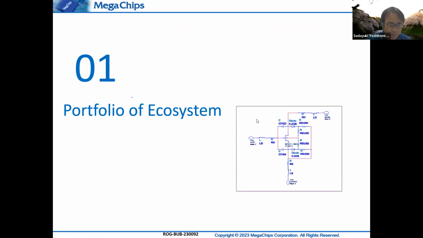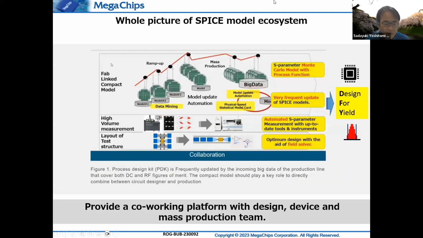From now on, I'll explain the portfolio of the PDK ecosystem. This slide shows the whole picture of the PDK SPICE model development ecosystem, which we built in my previous work.